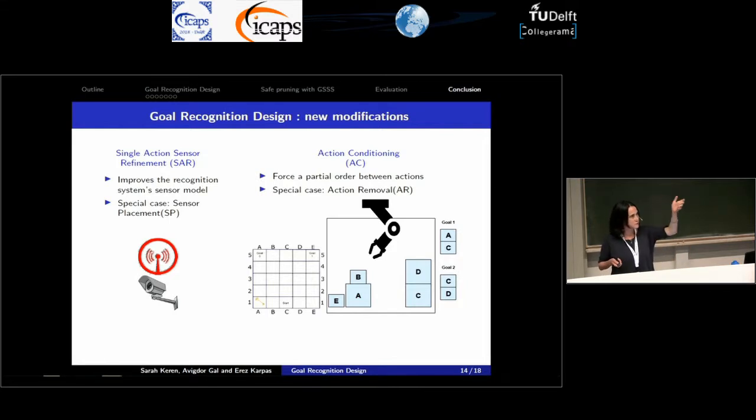So kind of in reverse to the second talk here, we take a partial order and we enforce it into our plan. For example, in this setting where we have this robot, I unfortunately don't have the time to show you the whole example, but the idea is that if we have a robot here that is trying to achieve one of two goals, and we don't modify the environment, block D needs to be moved in any case for the achievement of any of the goals.